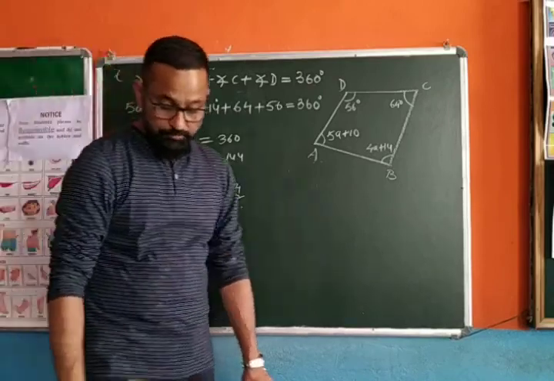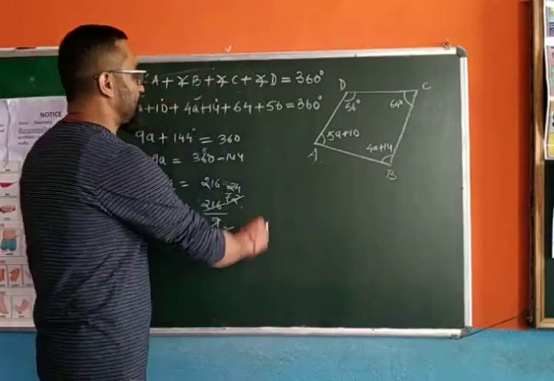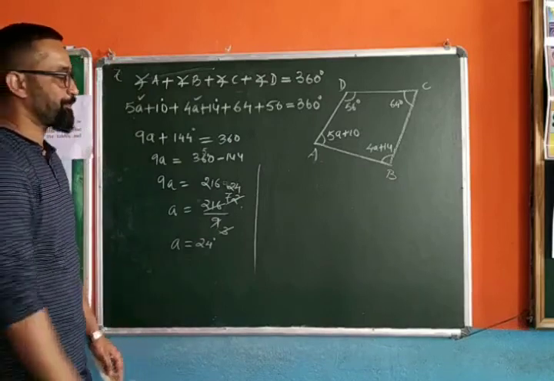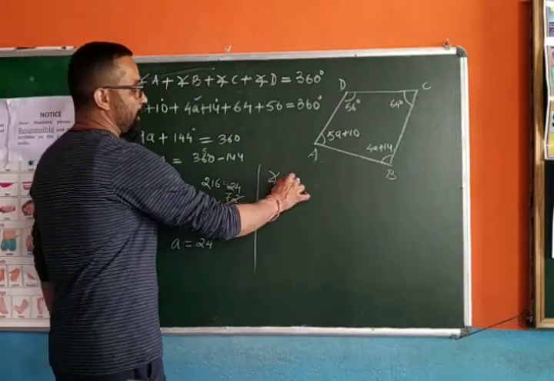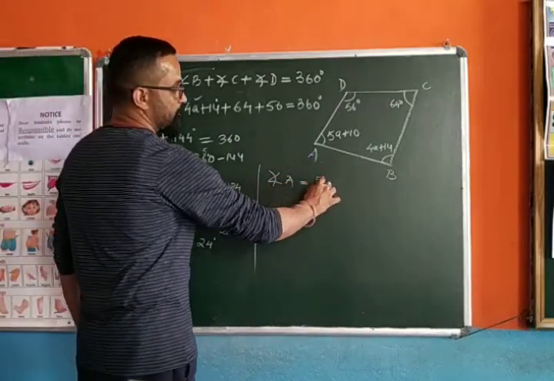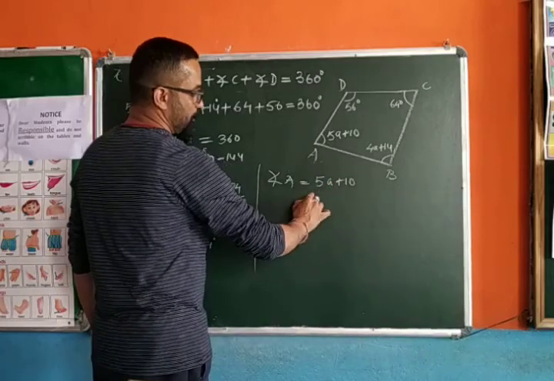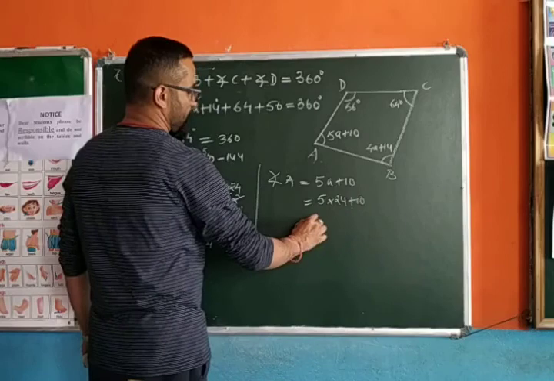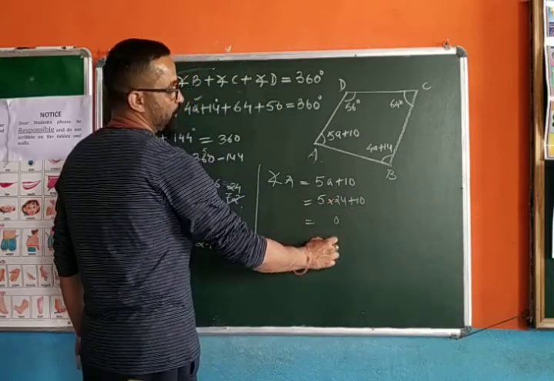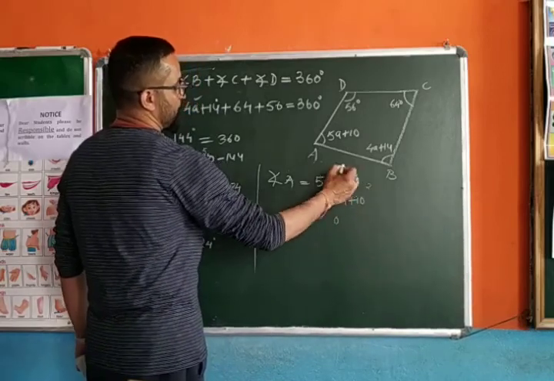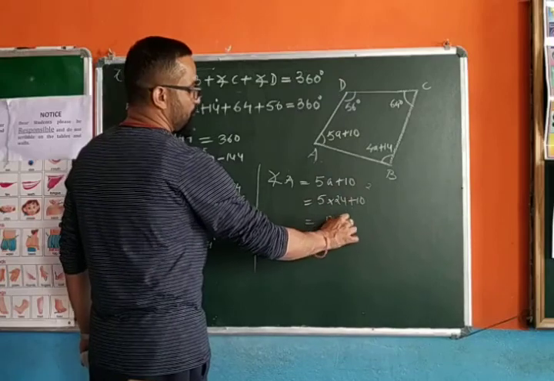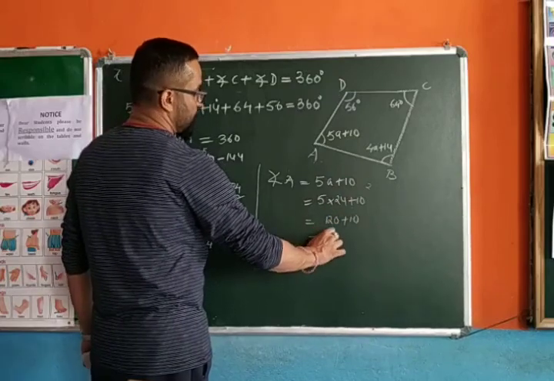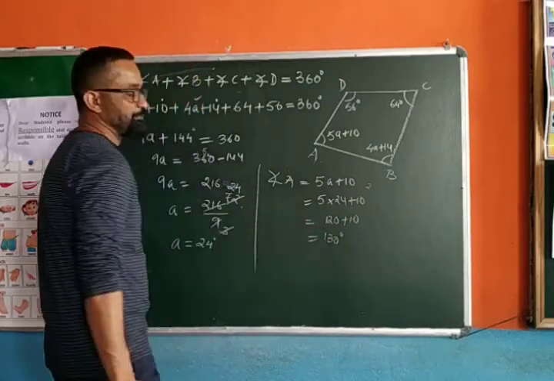We know the value of A. Now the question tells you to calculate angle A. Angle A is known here. It is 5A plus 10: 5 into 24 plus 10. 5 into 24 is 120, plus 10, which is equal to 130 degrees.